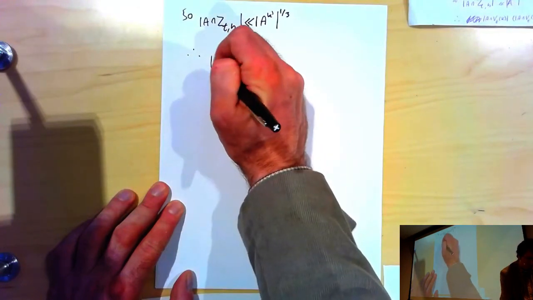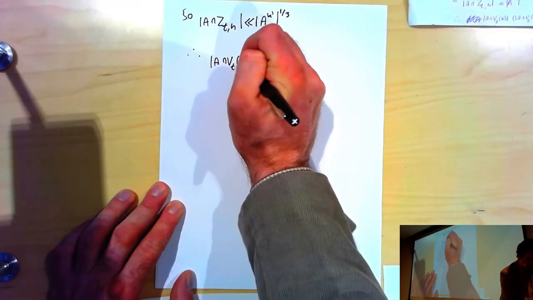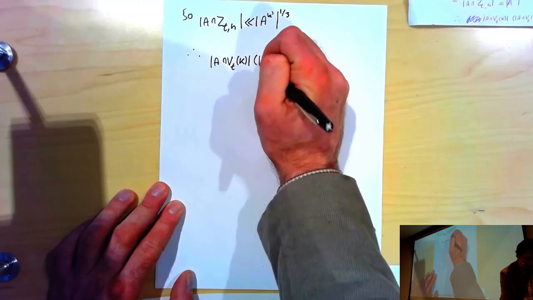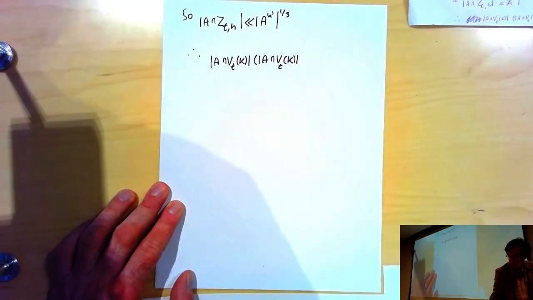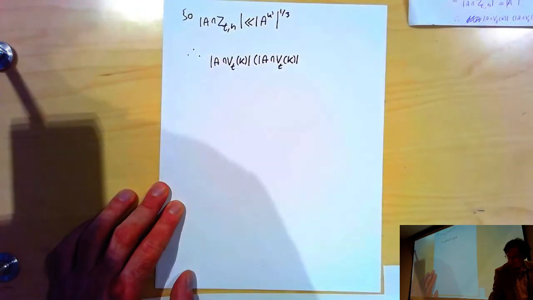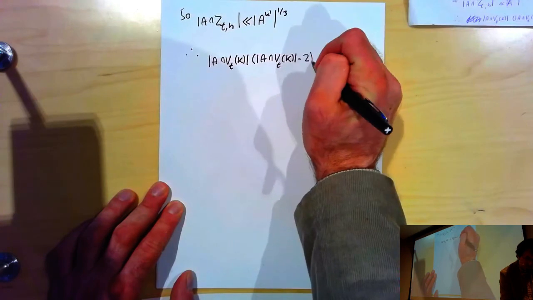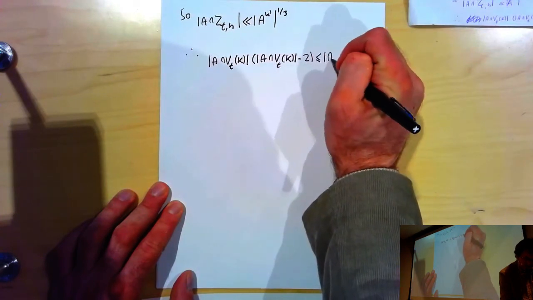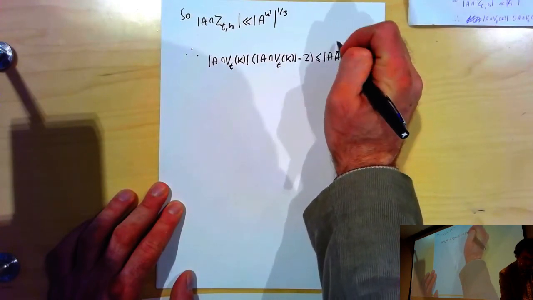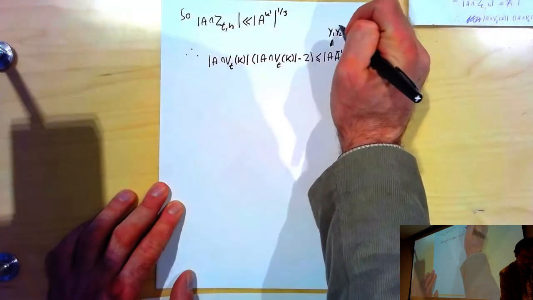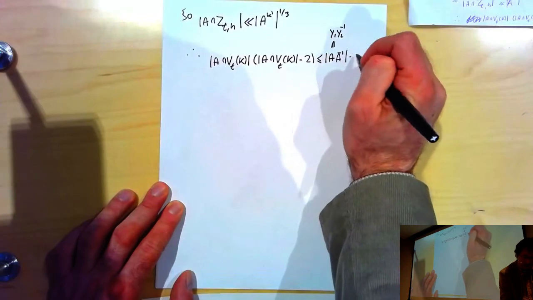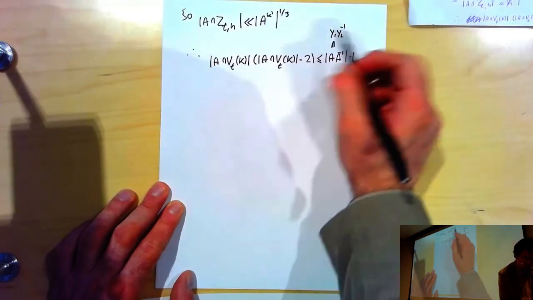We're going to have (A ∩ V_t(K))^2, and here, just as yesterday, we have to subtract 2 because we have to subtract the pairs that would give us a quotient equal to plus minus identity. And this here is at most what? A A inverse. Why? Well, this is where the elements y1 y2 inverse live, times this bound over here.